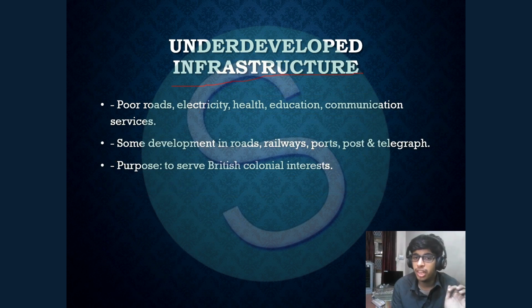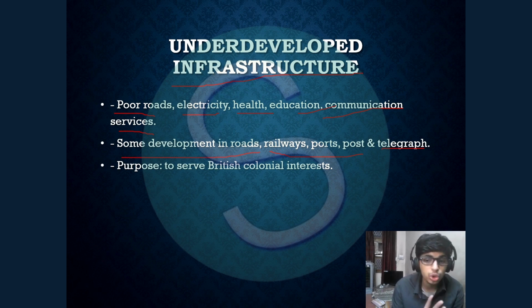If I talk about the infrastructure, there were poor roads, no electricity, deteriorated health conditions, education without a proper systematic way, and deteriorated communication services. Some development was there in roads and railways, but just for the sake of British administration. They served only their colonial interests and had no thought of Indian development.